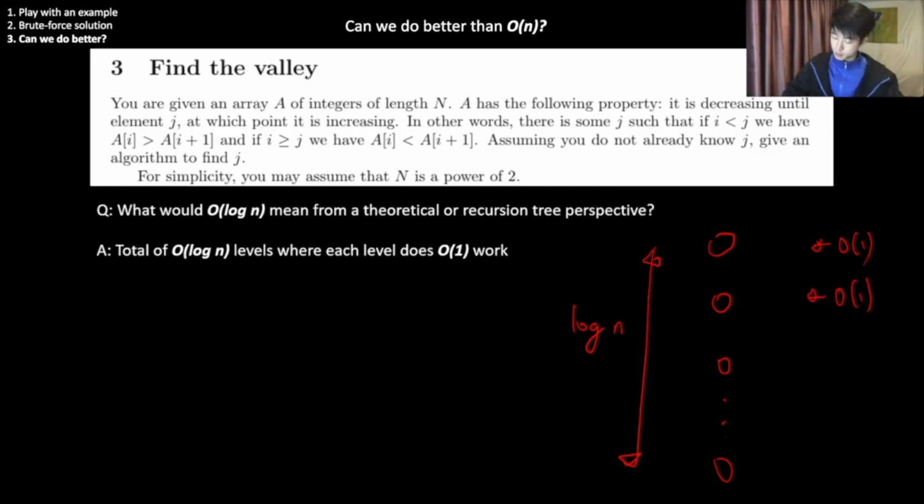And this should remind you of something: if we start off with something of size n, then the next one should be n over 2, the next one n over 4, until you get to 1. That's an intuition for how the problem should shrink.